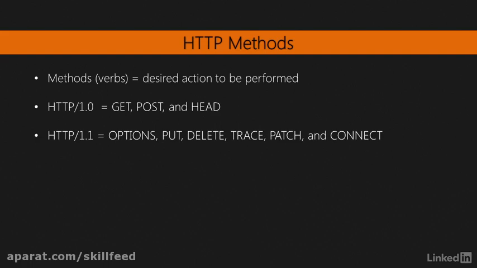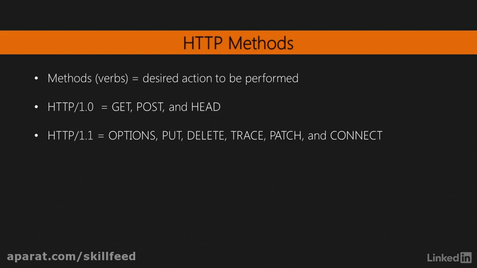Then, HTTP 1.1 introduced the following methods. Options provides the communication options for the target resource. PUT requests to store a resource identified by the given URI. Delete removes all representations of the target resource identified by the given URI.